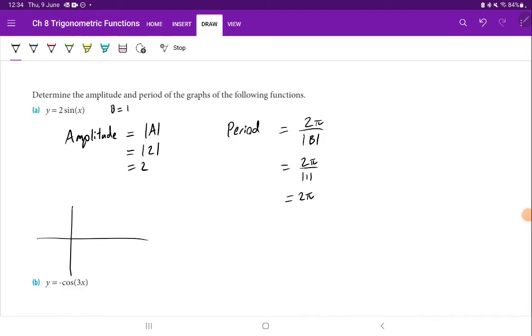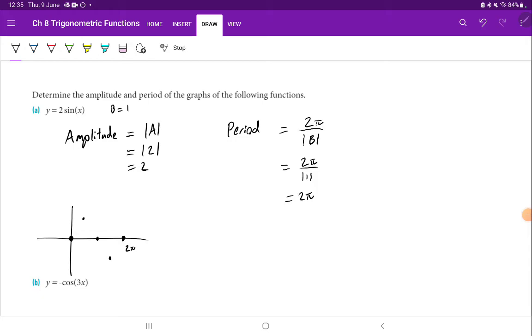We won't sketch the entire function because it does go on for a fair bit. In fact, it goes on forever. So the sine function starts in the middle, and then it has 4 key values before it repeats. And it's going to repeat at 2 pi. And in between, there's going to be a maximum, a middle, and a minimum.